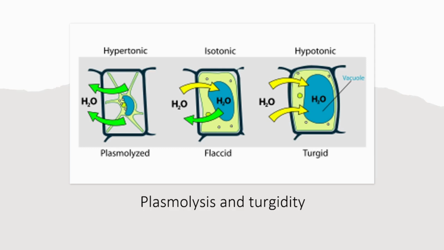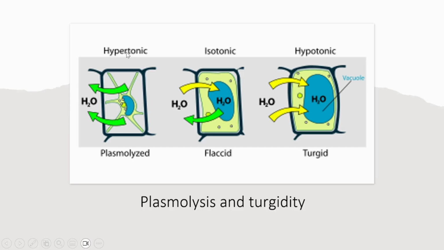The moment you place the cell in a hypertonic solution, water will definitely start moving from the cell out. Why? Because water wants to move from where it is more, in this case the cell, to where water is less, that is the concentrated or hypertonic solution.